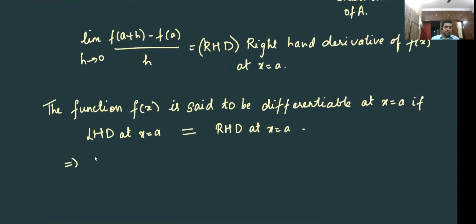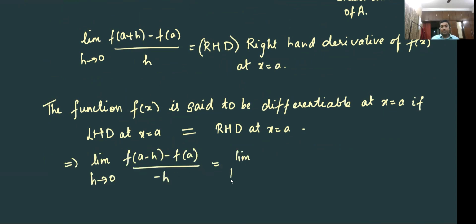This implies limit h tending to 0, f of a minus h minus f of a by minus h is equal to limit h tending to 0, f of a plus h minus f of a by h.